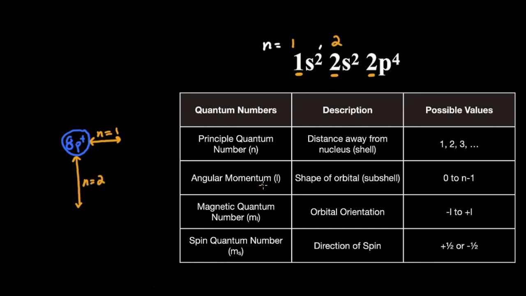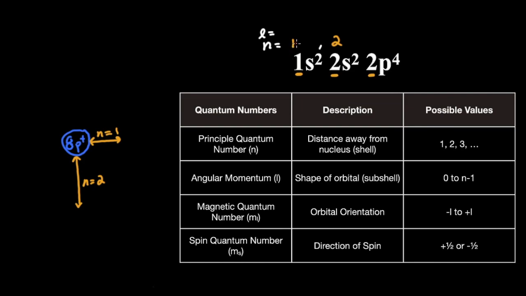And the next quantum number is called the angular momentum, and each of these n values has its own angular momentum. The angular momentum describes the shape of the orbital, also called the subshell. Each n value has an L value, and that's going to be from 0 to n minus 1.